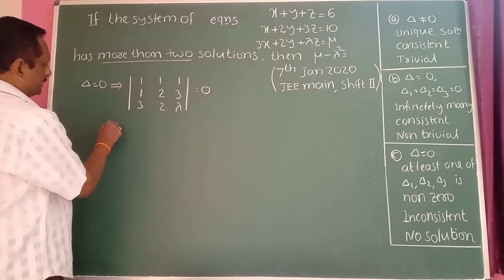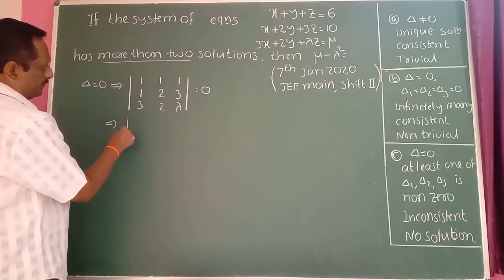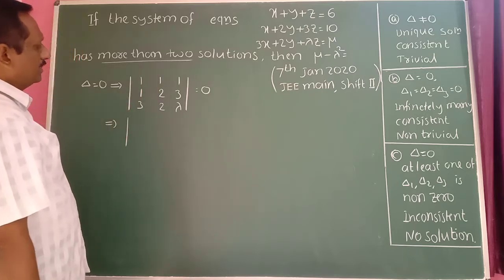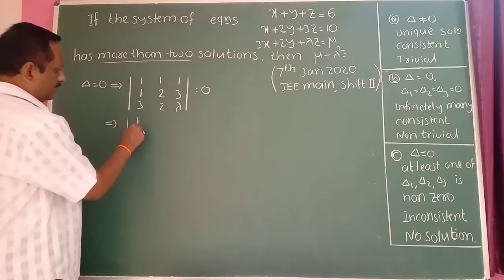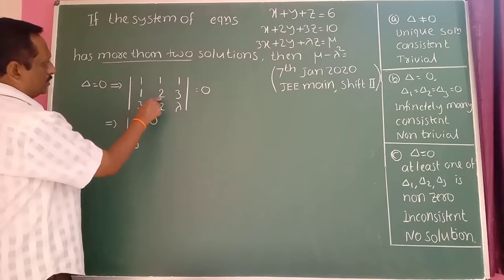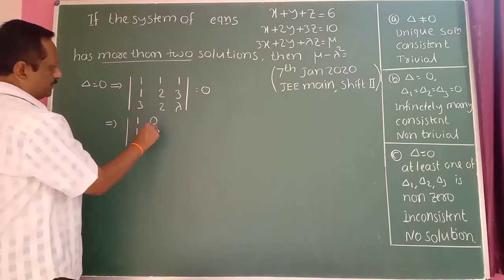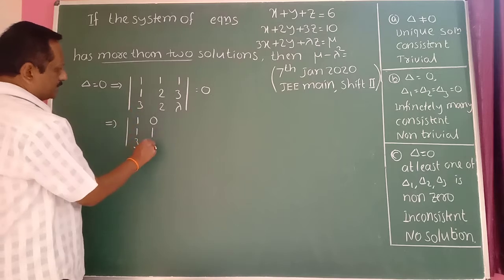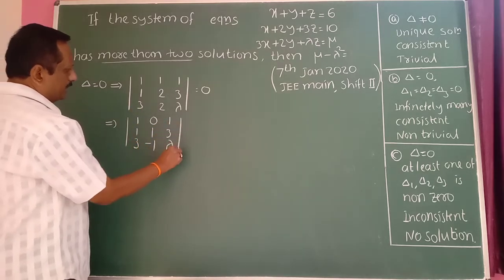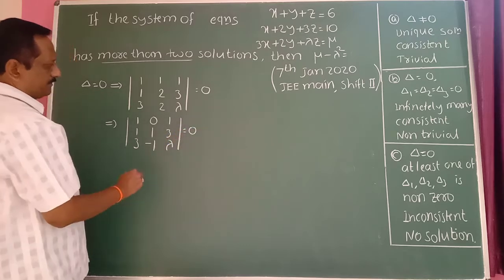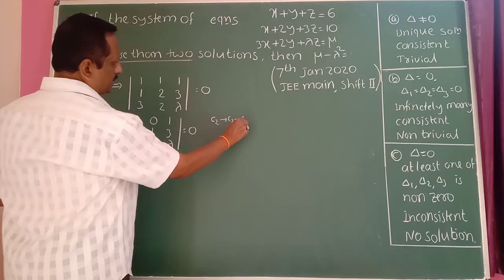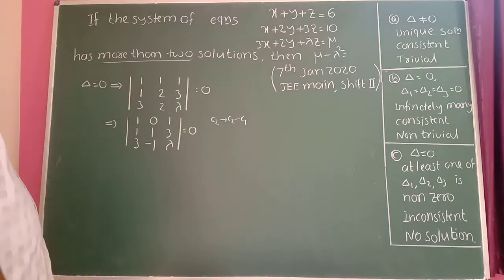Therefore, this implies a determinant of 1, 0, 0; 1, 1, minus 1; 3, and lambda, equal to 0. Here we applied C2 going to C2 minus C1.